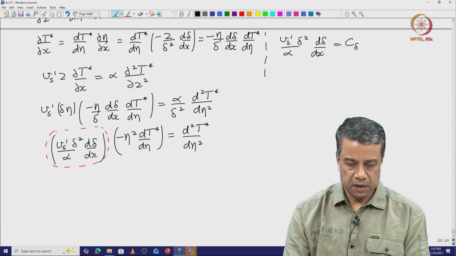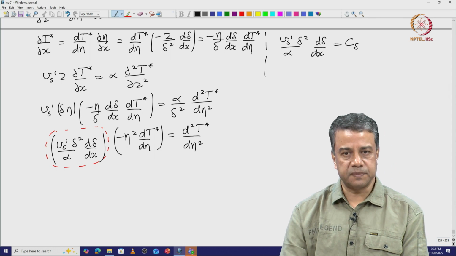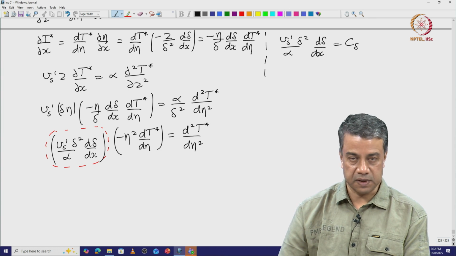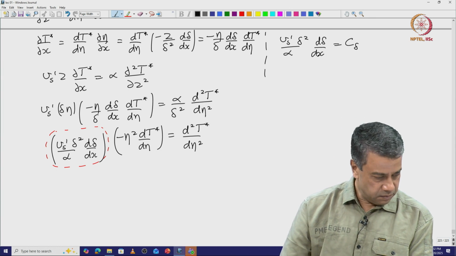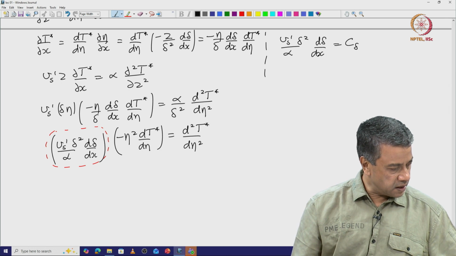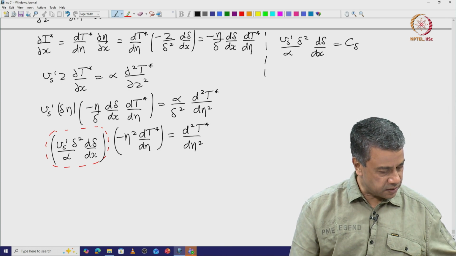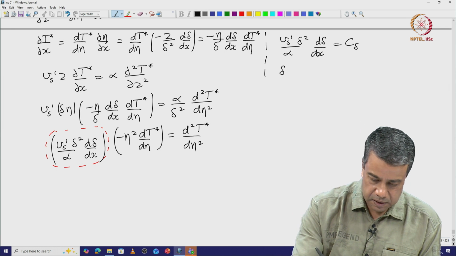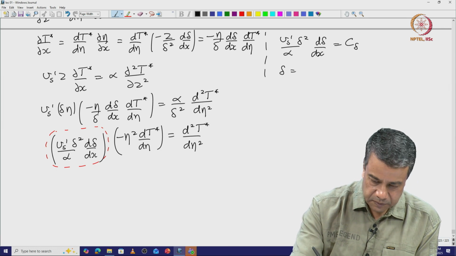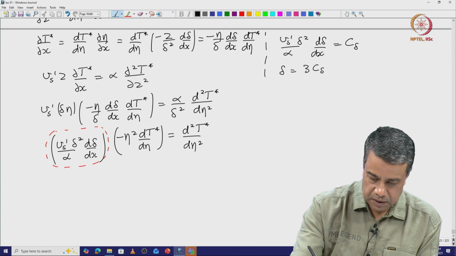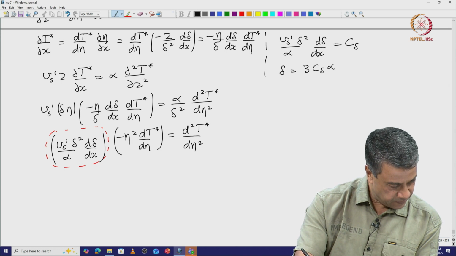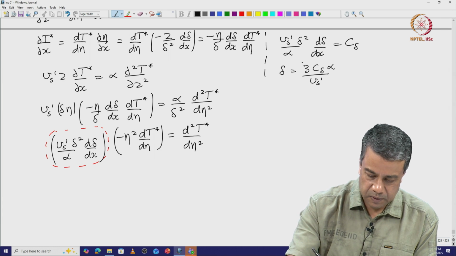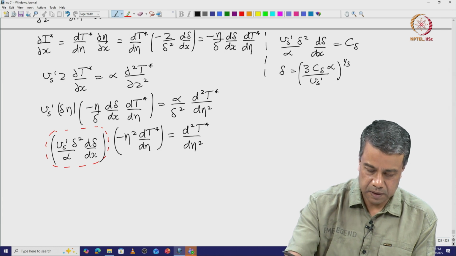We had solved this subject to the condition that delta is equal to 0 at x is equal to 0, to get delta is equal to 3 c delta alpha x by Vs prime whole power 1 by 3.